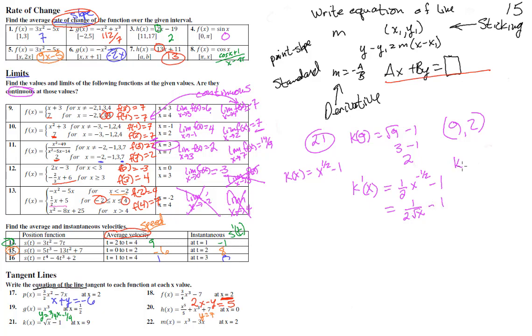So the slope at x equals 9 is 1 over 2 times the square root of 9, minus 1. So that's 1/6 minus 1, negative 5/6. Great, so this is our slope right there, and that's our point.